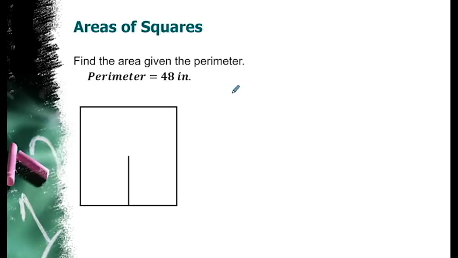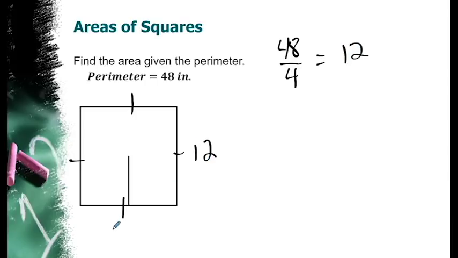So here's our first example of a square. We're going to find the area given the perimeter. If we have a perimeter of 48 inches, that means the first thing we would need is the side length. So to find our side length, we would simply take the 48 inches, that is our perimeter, and divide it by 4 because the square has 4 congruent sides. That would give us each side length at 12.